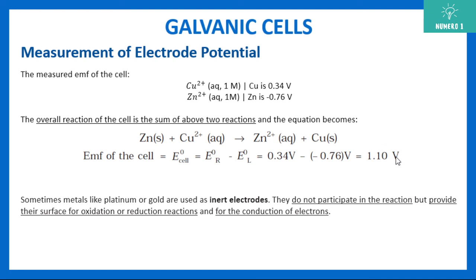One more thing I would like to highlight is that we use platinum in the standard hydrogen electrode. Platinum or gold are known as inert electrodes. They do not participate in the reaction at all, but they provide their surface for oxidation and reduction and for conduction of electrons.